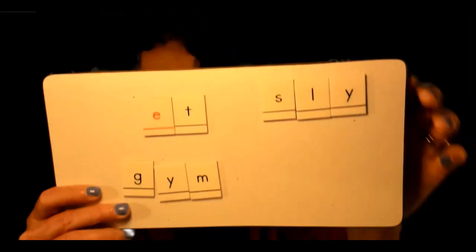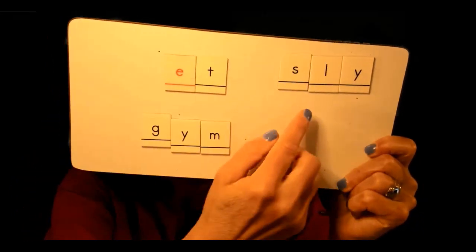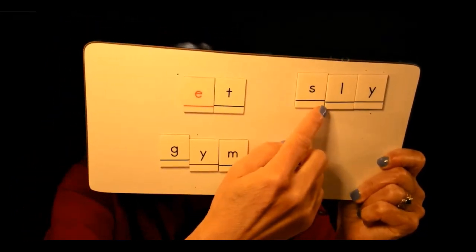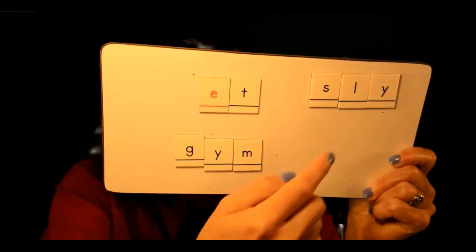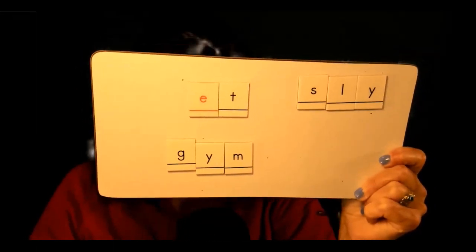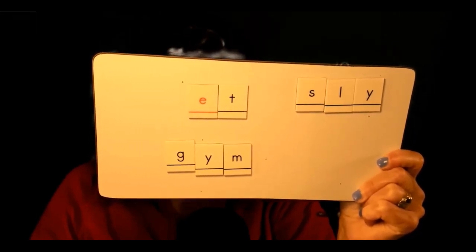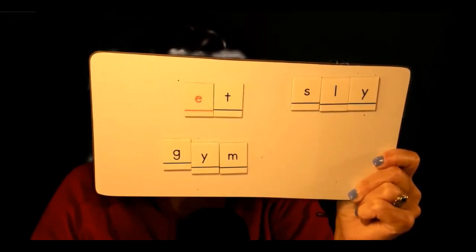Let me just build it here for you. So let's look at that one. We got this one right here. So at the end of a 1-syllable word, we have S, O, and the Y is going to make an I sound. Sly. We don't like to end words with the letter I, so the Y steps in to do that job.